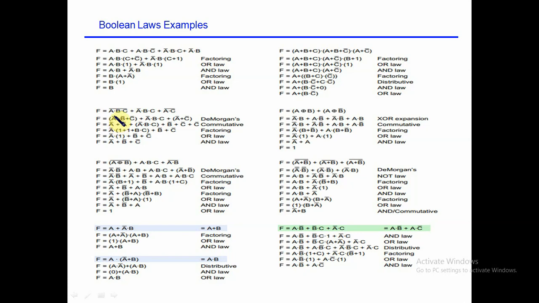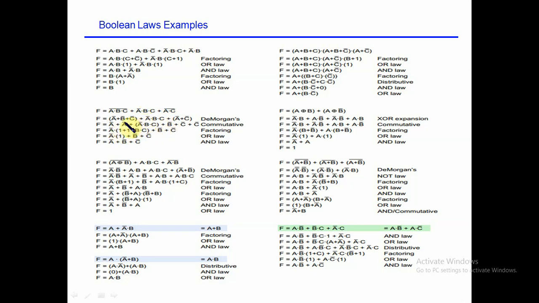Same here, we take (ABC) whole bar plus A bar BC plus AC bar. Here we apply De Morgan's theorem. De Morgan's theorem means we get the ORing of the terms in the equation.